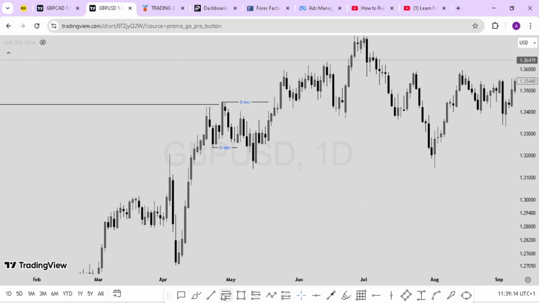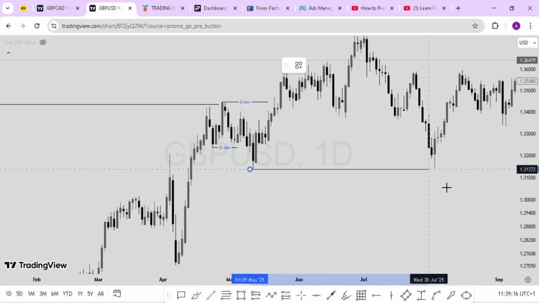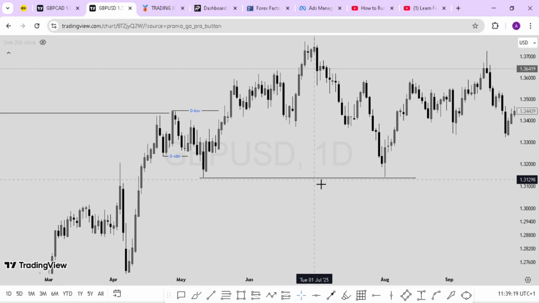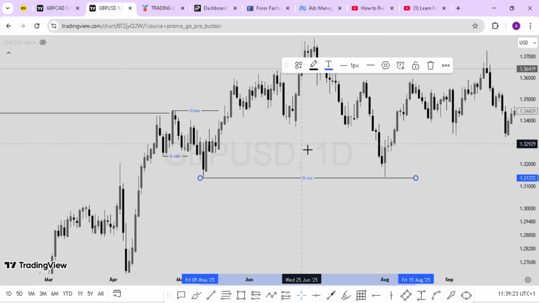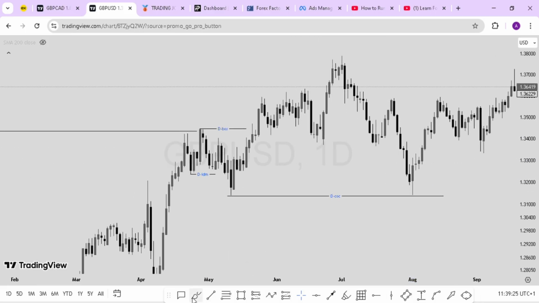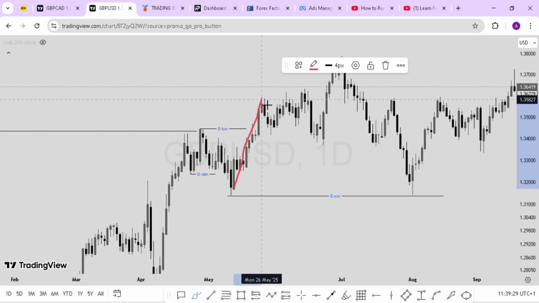So instead of looking for our low below, this is going to be our new low. Anything that violates this level will give us a daily change of character. And you can see what the market did. Market was just coiling up like this, impulse, correction, and boom, the market went up.